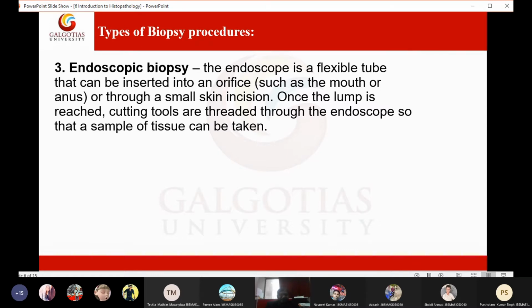When the lump is reached, cutting tools can be passed through the endoscope, so a sample of tissue can be taken. The tube is attached to a camera, and sample collection tools like a knife or cutters are also there. Everything is fitted in one tube. By operating from outside, it goes inside. Endo-scope means a camera is there for use.